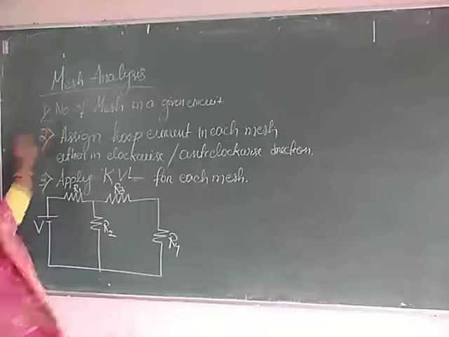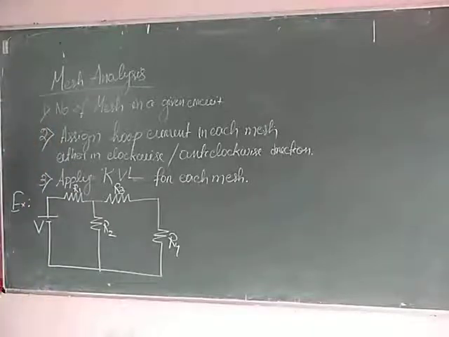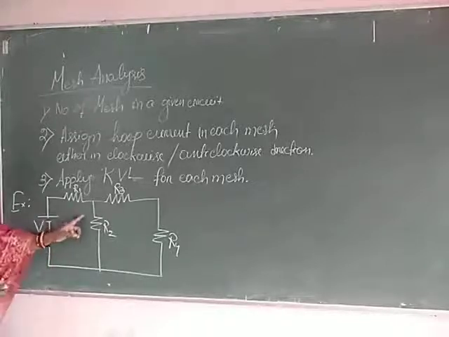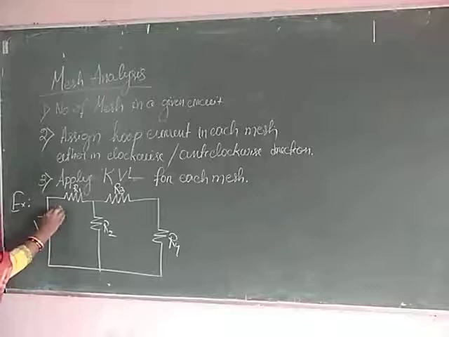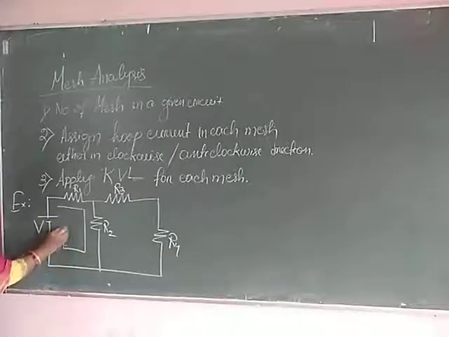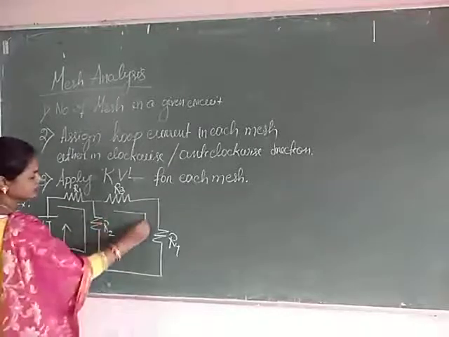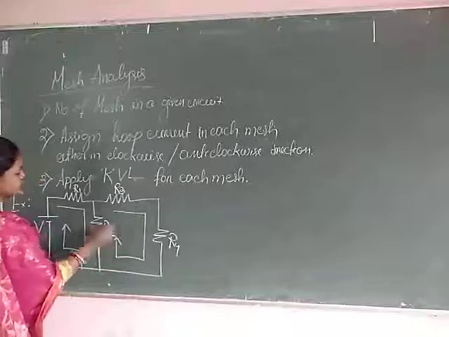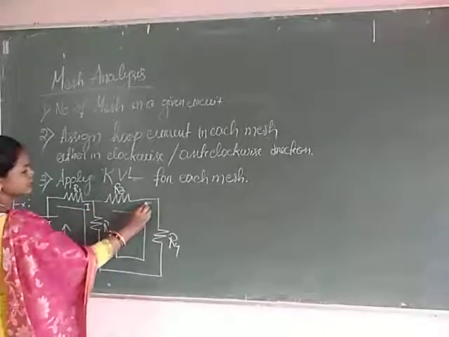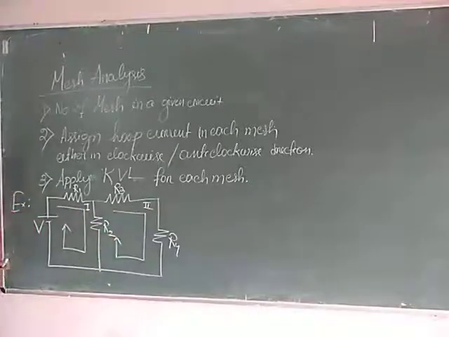What is the procedure? First you find how many meshes are there in the given circuit. If you see this circuit, it consists of two closed paths, which are the meshes. This one and this one. Let this one be mesh 1, this one mesh 2.